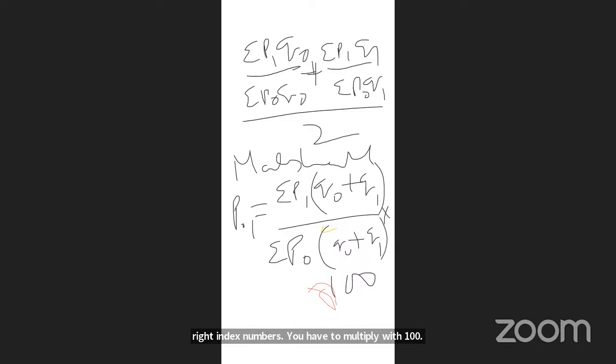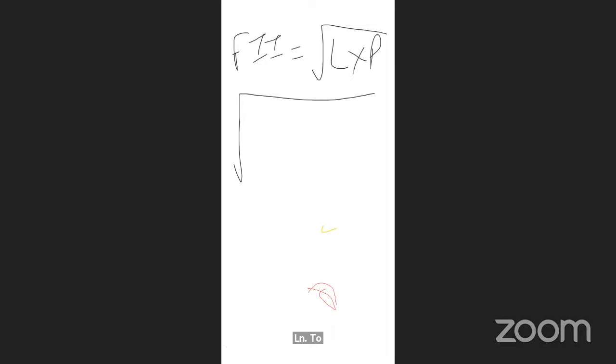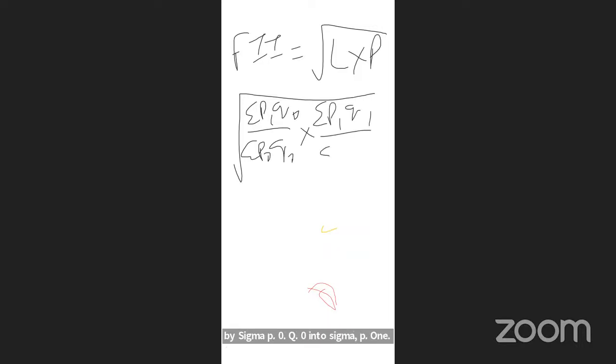And completed? Yes, ma'am. Can you once say the Fisher ideal method formula? Formula you want? Okay. Fisher's ideal index number is equal to under root L into P, or we can say under root now sigma P1 Q0 divided by sigma P0 Q0 into sigma P1 Q1 divided by sigma P0 Q1 into 100.